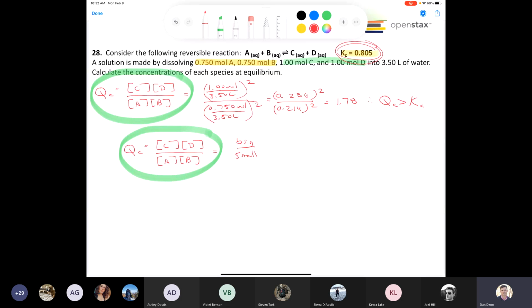We have a number that's too big on the product side. You've got a bigger number on top compared to a smaller number on the bottom, compared to the numbers that were used to get this K. That means the concentration of the products is higher than it needs to be for equilibrium to be achieved. So based off of Le Chatelier's principle, it's going to resist that increase in concentration of the products, and it's going to shift towards the reactants. Does that help a little bit?